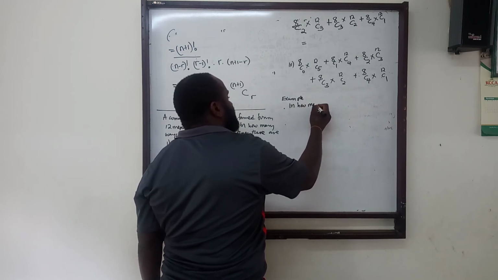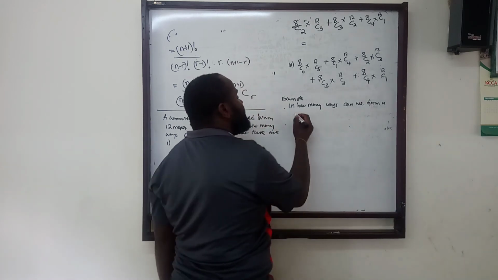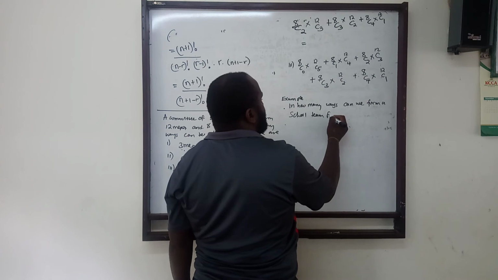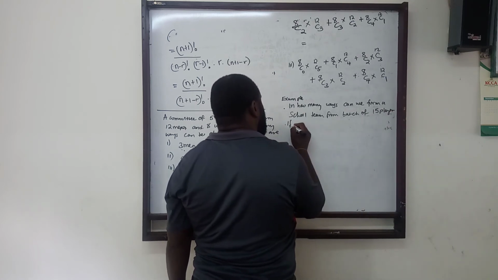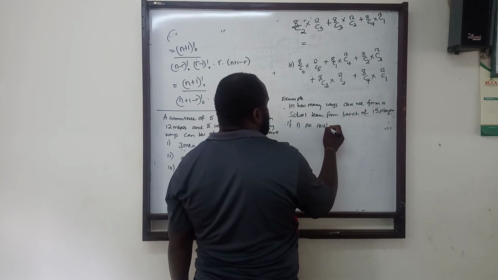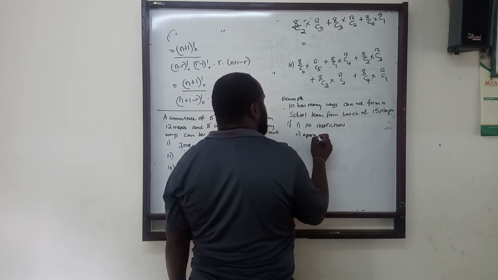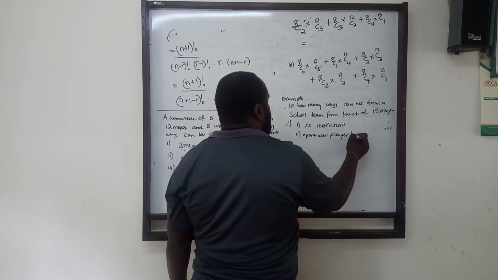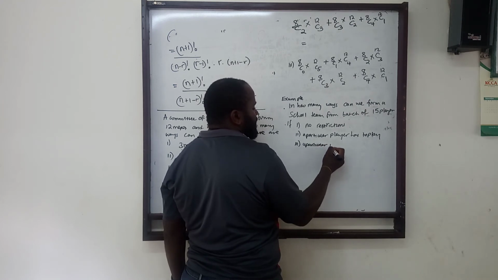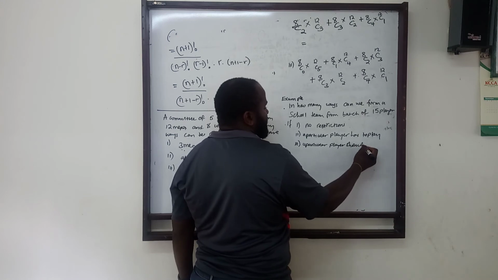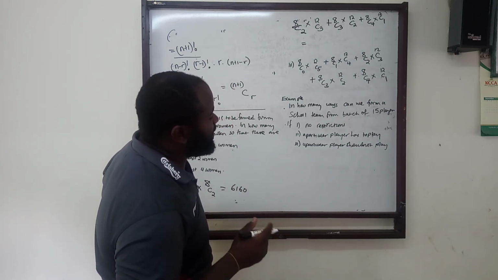In how many ways can we form a school team from a batch of 15 players if 1, no restrictions, 2, a particular player has to play, 3, a particular player shouldn't play.